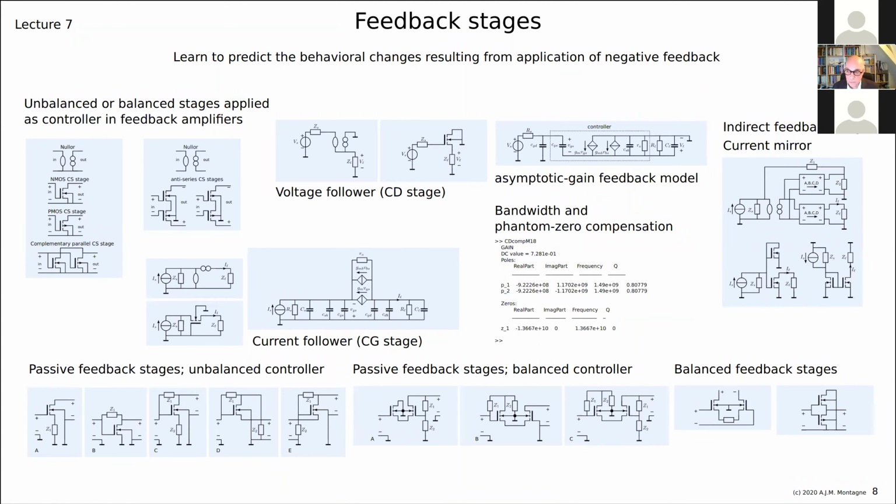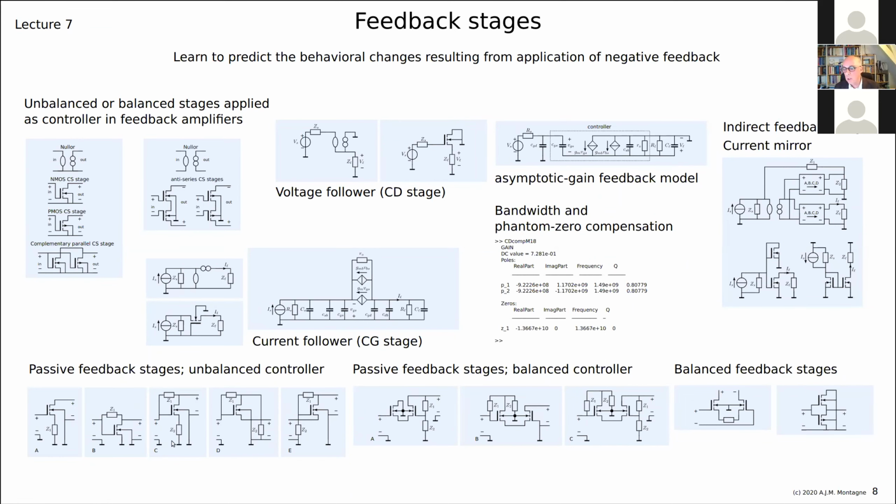But we don't have to calculate the common drain stage, everything again. No, we know what kind of feedback technique we applied and can predict in which way this common drain stage, the performance, will deviate, will be changed by the application of negative feedback. And we can do this for a lot of stages.